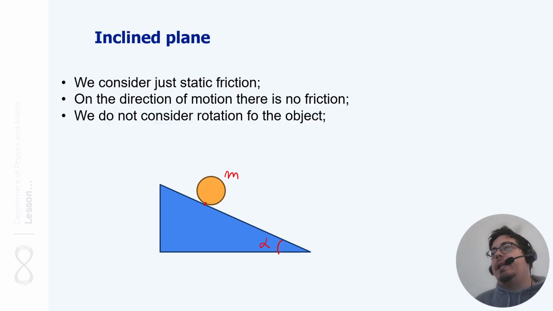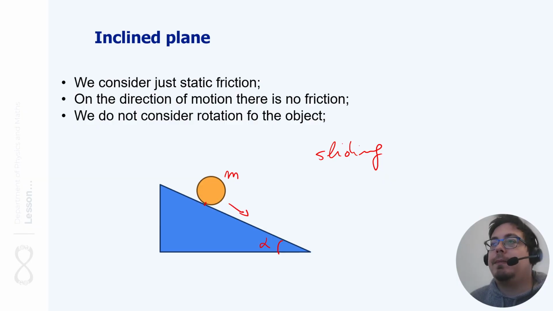Then we can complicate it as much as we want later on. We are not considering rotations. So the object is sliding along this direction.